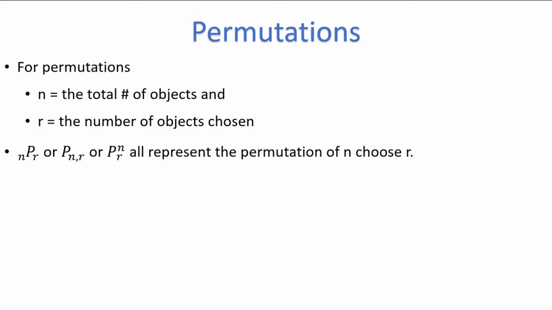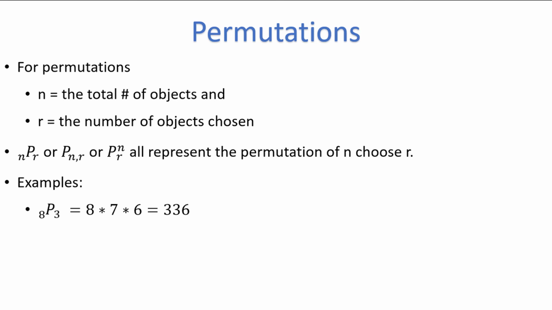Let's take a look at a few examples to make sure you get the idea. The permutation of 8 runners choose 3 is written like this, and is equal to 8 times 7 times 6, or 336. Always start with n and multiply by the next smaller number until you have r numbers, in this case 3.